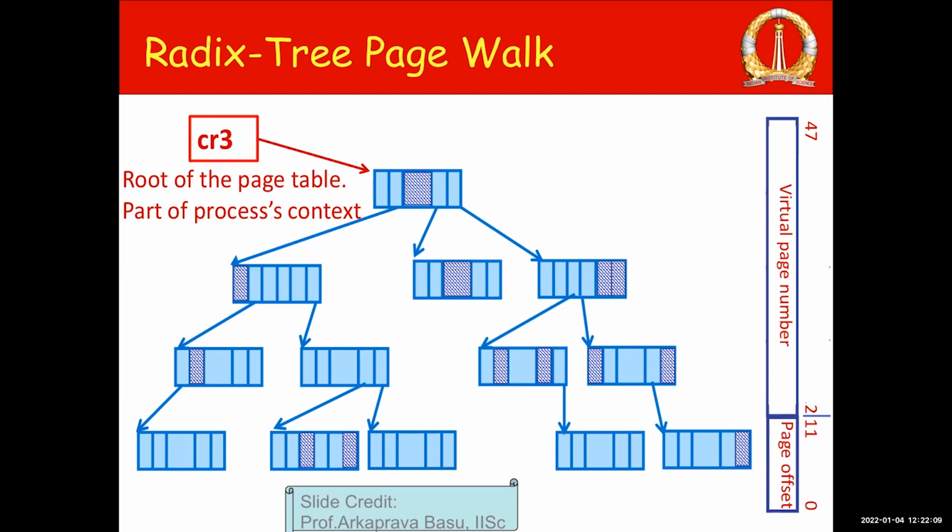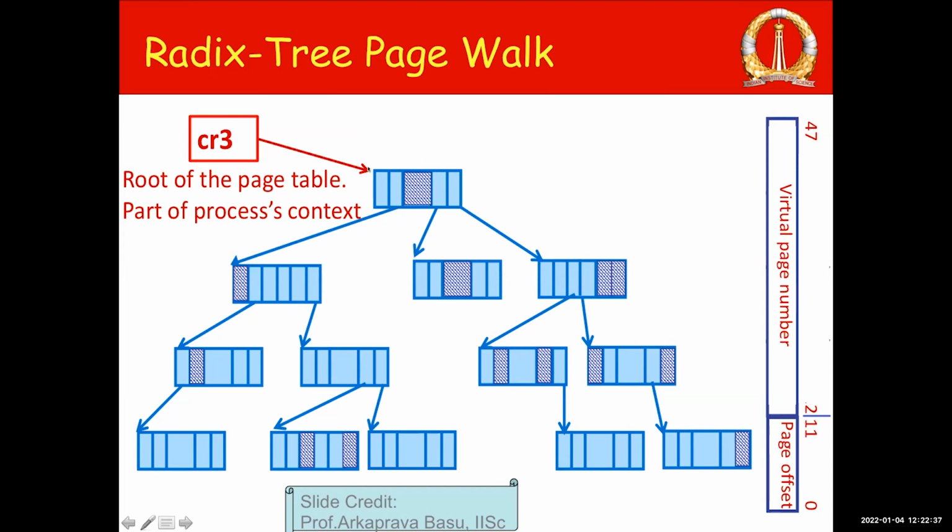Each of these 512 entries corresponds to a pointer to the next level, because remember, each node has 512 children. Where exactly those 512 children are located in your physical memory, that physical address is stored as a pointer in these 512 entries.